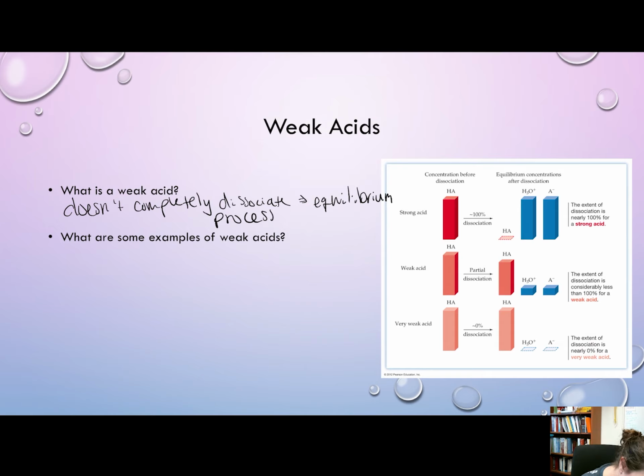But here are some examples. HF is commonly thought of as a strong acid, but it is not. So hydrofluoric acid is a weak acid. And we have our acetic acid.